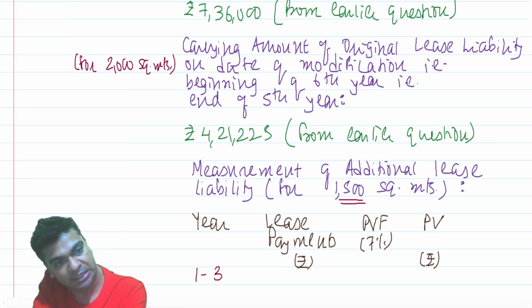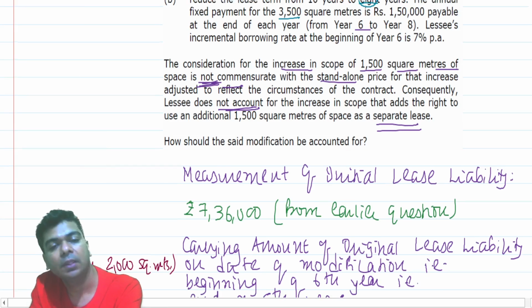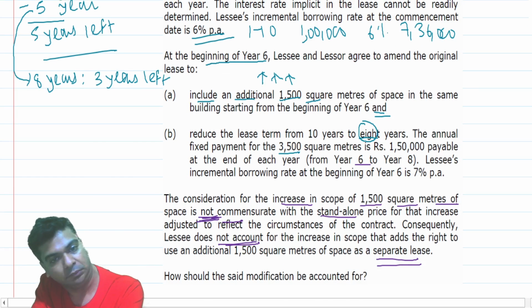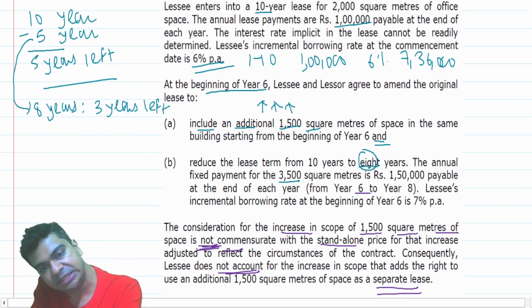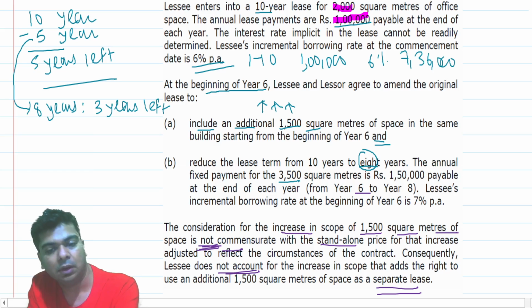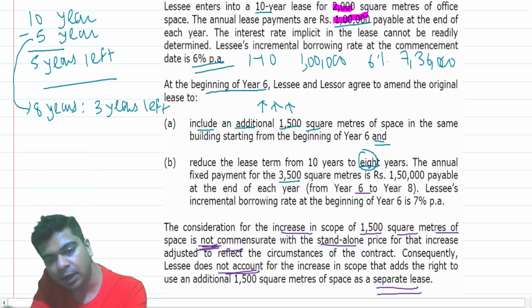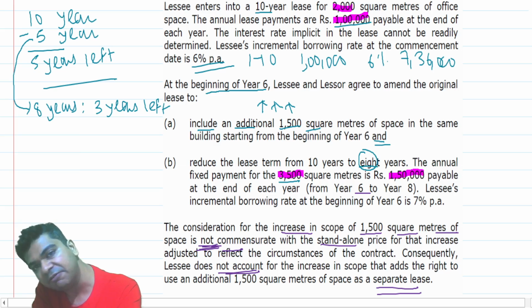What is the additional lease rent that we will have to pay? Okay. You see the question. The original lease rent is 1 lakh for 2000 square meters. Now you have another 1500. So 2000 plus 1500, you now have 3500 square meters. And for that you will pay 1 lakh 50.